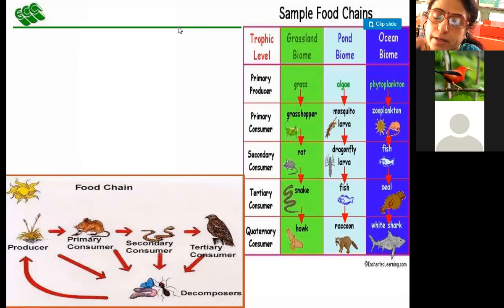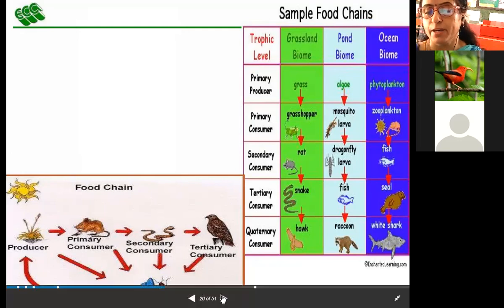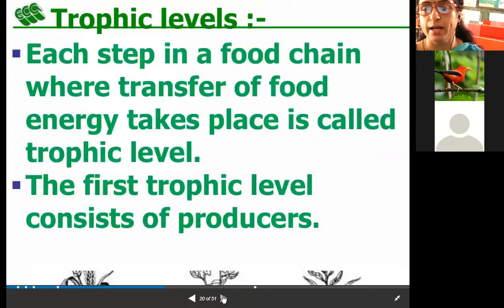So by increasing the number of organisms consumed, the pesticide increases at every trophic level, and this is what we call biomagnification.